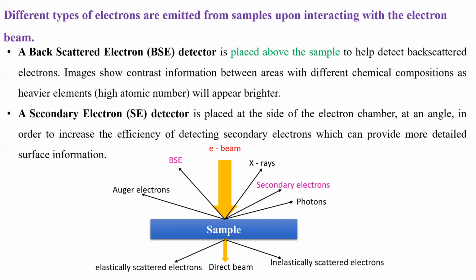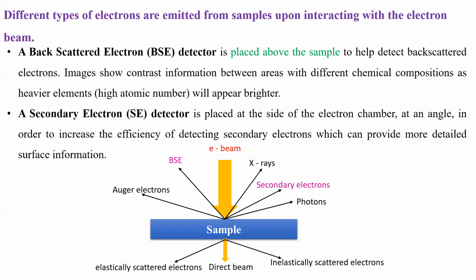Out of these, in scanning electron microscopy, to observe and analyze the surface features of the sample, two electrons are useful: backscattered electrons and secondary electrons.